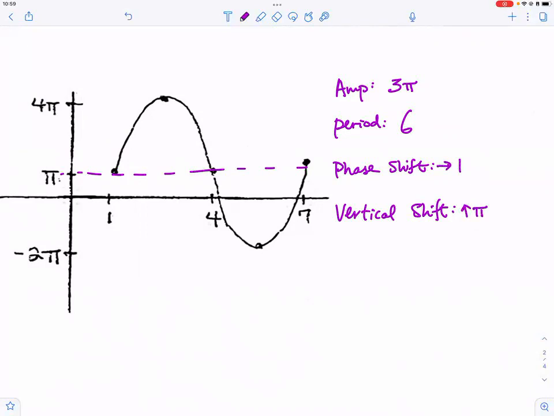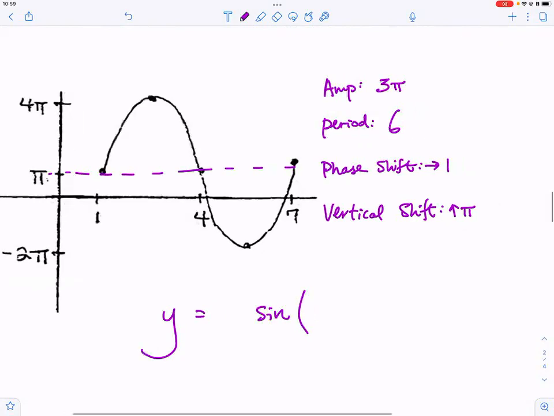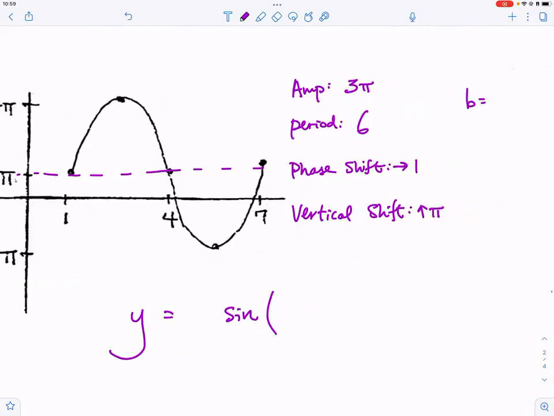So that means what function are we going to use, sine or cosine? Sine, because we start in the middle. So what's the b value? B is equal to 2 pi over 6.